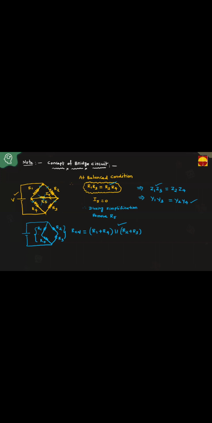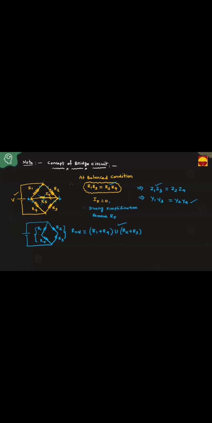But very important for a 2 marks question: the bridge under unbalanced condition. But a point to remember, students, at balanced condition, the voltage across this, let's say this is A and this is B, VAB.